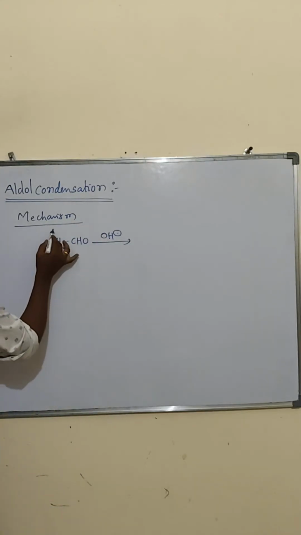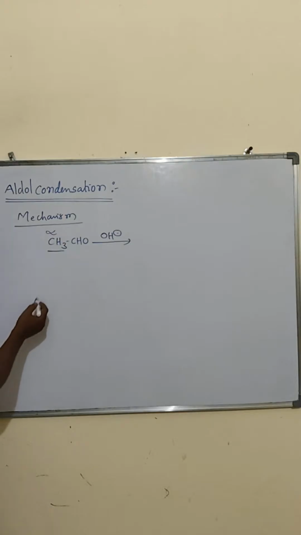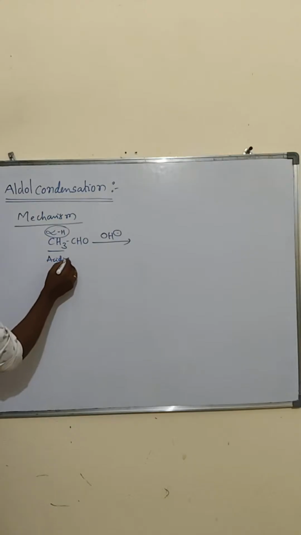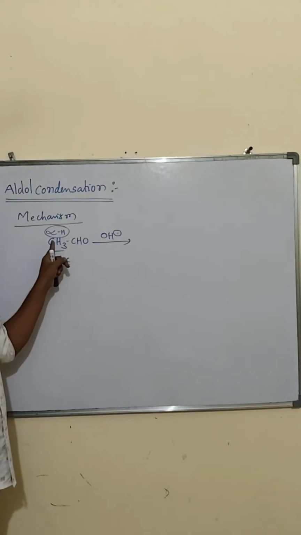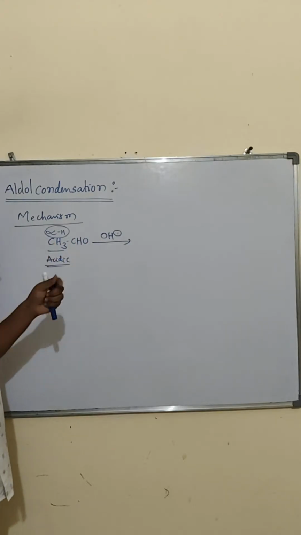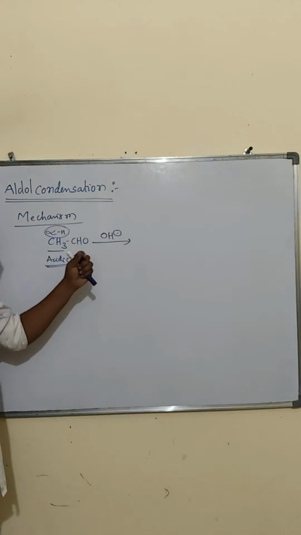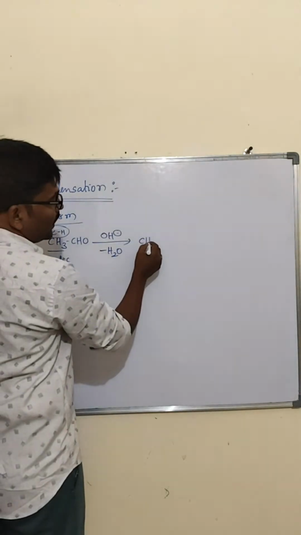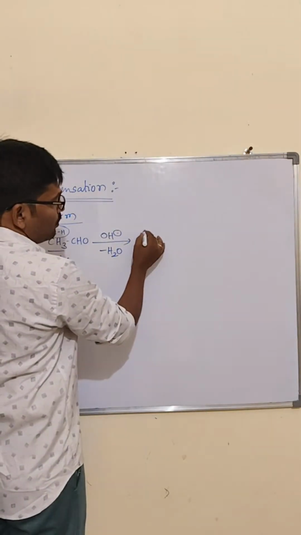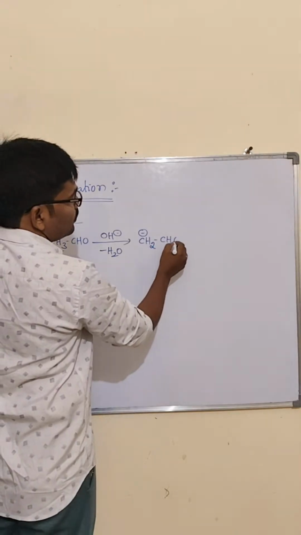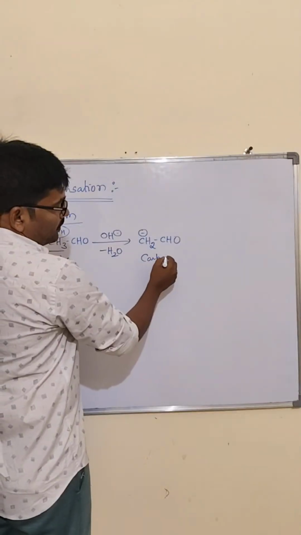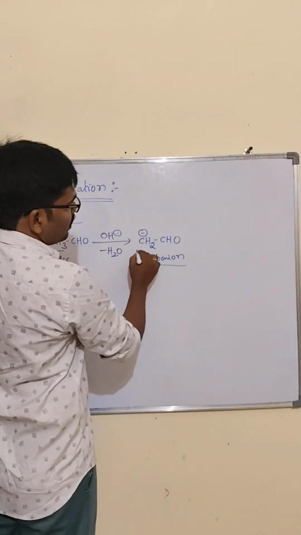The hydrogen atoms here are the alpha hydrogen atoms, as I said. These alpha hydrogen atoms are acidic alpha hydrogen atoms. So that is what the base abstracts, an alpha hydrogen atom from it, so that it loses H2O, then CH2 minus CHO will be formed. So this is a carbanion. Why are we calling it a carbanion, my dear students?